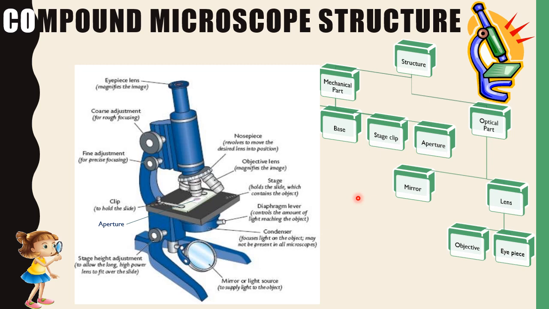Coming to the optical part, it has a mirror at the base, then two lenses. Here we have three objective lenses, depending upon their magnifying power. So, the objective is close to the platform and the other lens is the eyepiece, which is close to the eye. Let us see in detail what the other parts are.